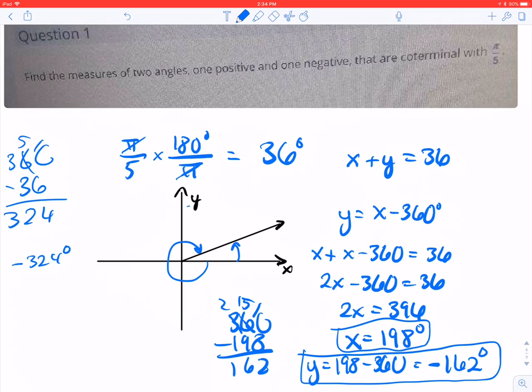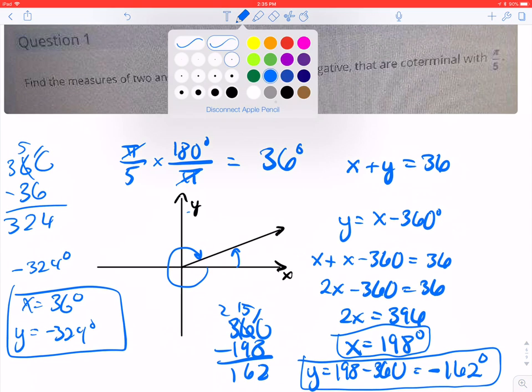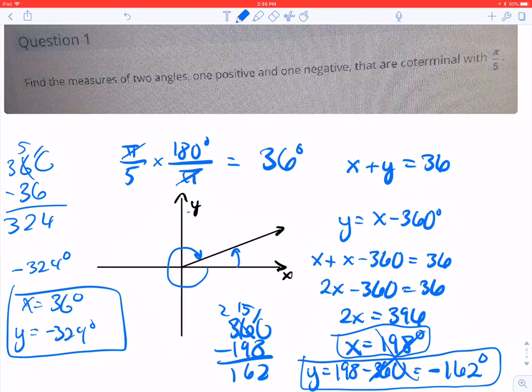So we have 36 degrees, and then y is negative 324 degrees. I think that's better. x finishes on 36 degrees, and a negative 324 goes back to 36 degrees. Then just convert it to radians. I'm going to strike through this stuff over here, because I think all of this was wrong.